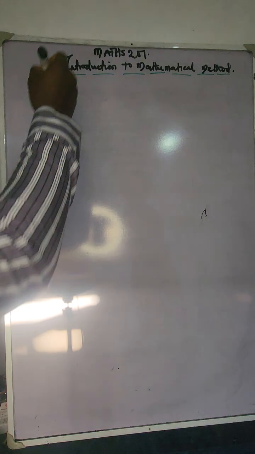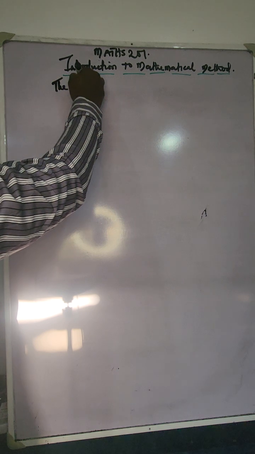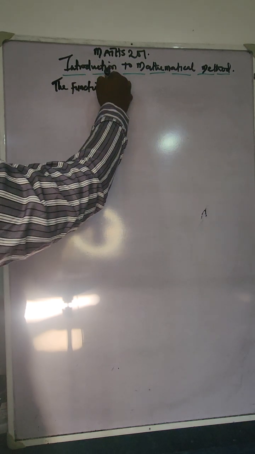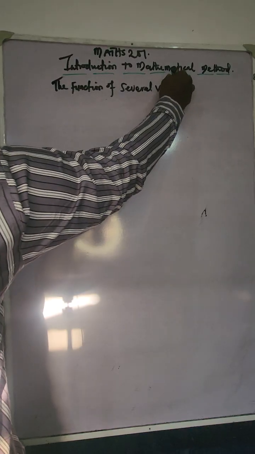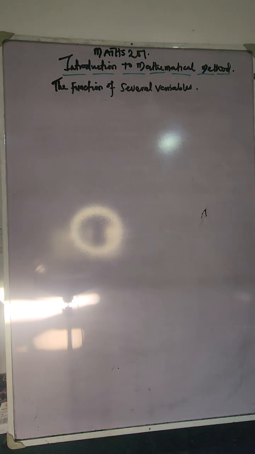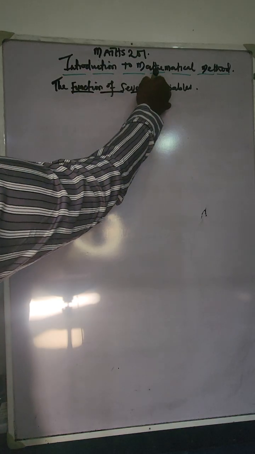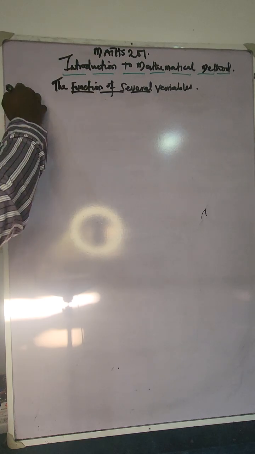A function of several variables, right? So we find out along the line that many functions depend on more than one independent variable.